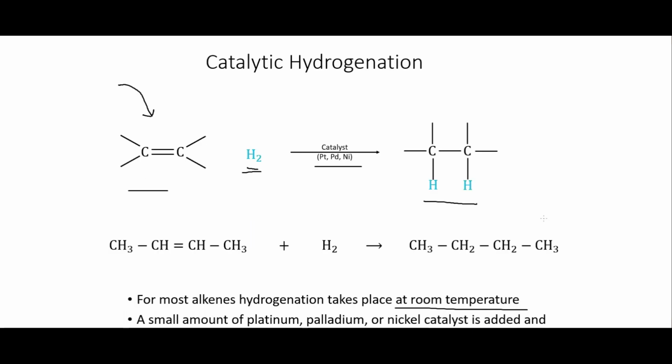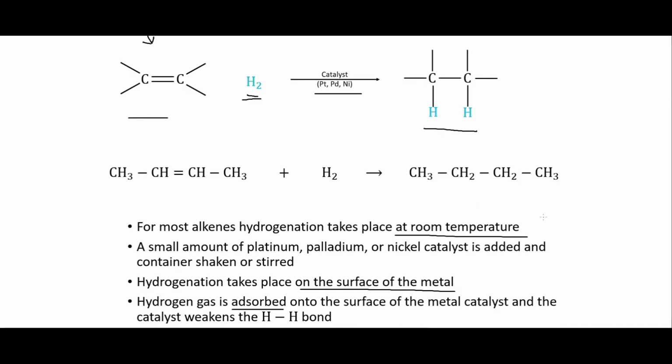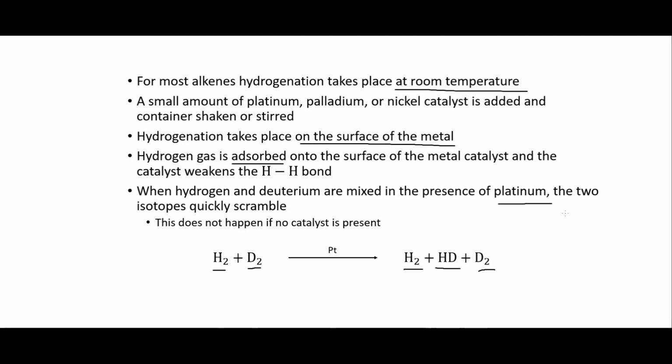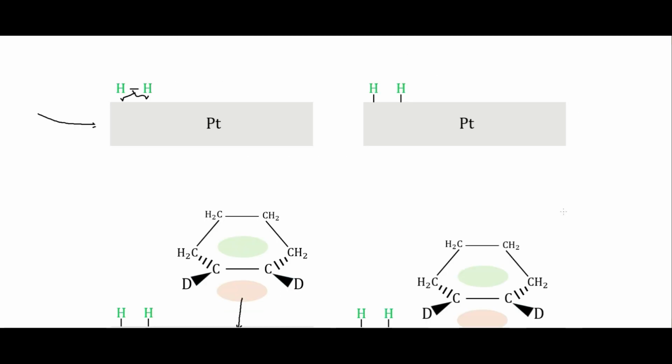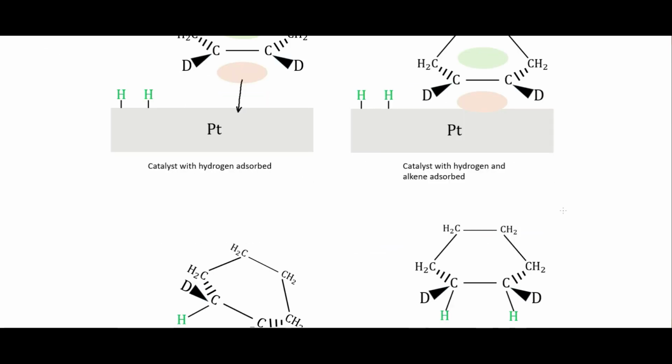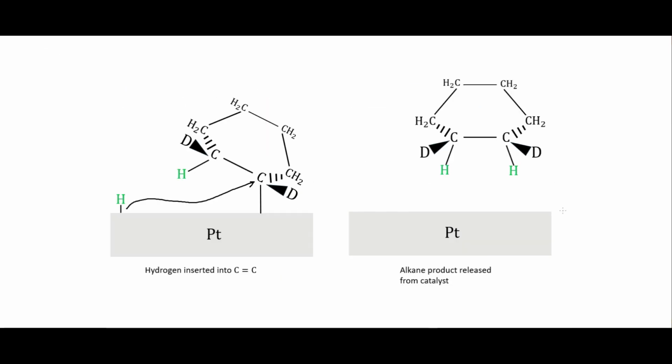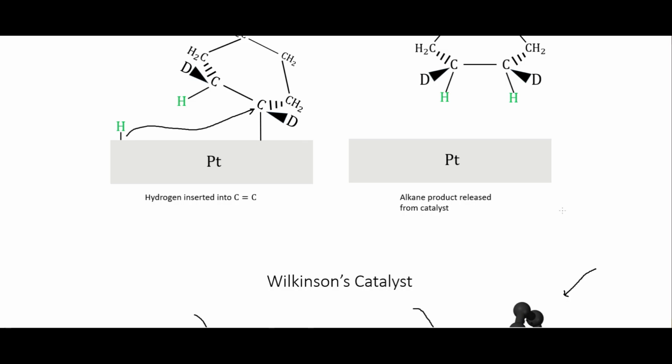Then we looked at the catalytic hydrogenation, which is just adding hydrogen across the double bond so that we turn an unsaturated alkene into a saturated alkane. We do that using this platinum catalyst, or we can use palladium or nickel, but I think platinum and palladium are actually the two most common ones.